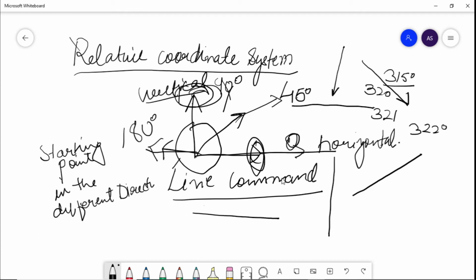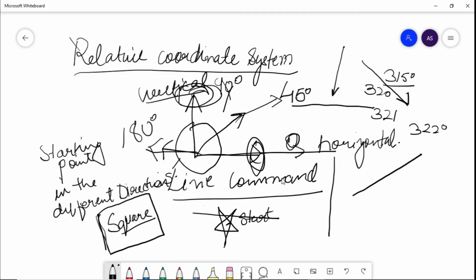It means that if I start with a line, I've drawn this line from this point, I've moved below. So this is a straight line, then from this point I've moved in this direction, then from this point I've moved in this direction, and then I've closed the figure. So by drawing the lines in different directions, I have got a shape of a square. Drawing a line in different directions, I will have a shape of a star.